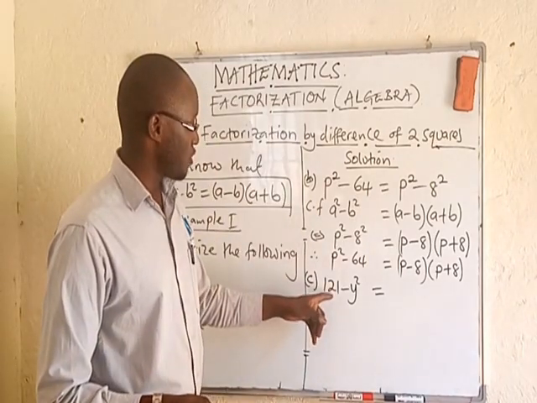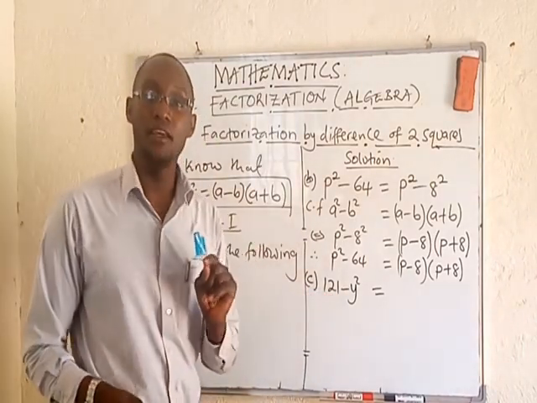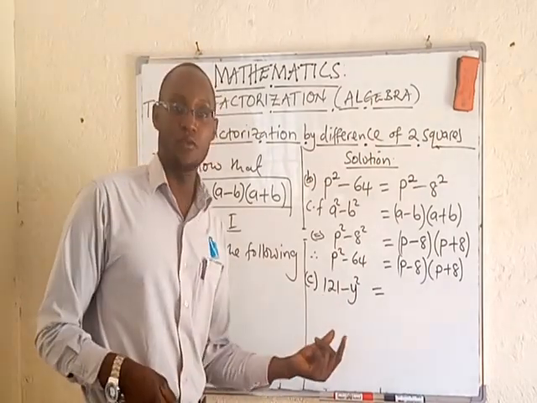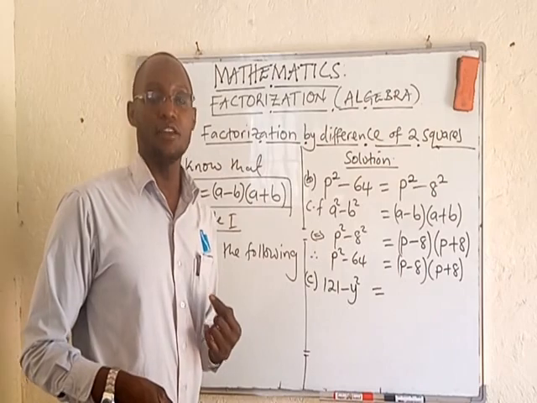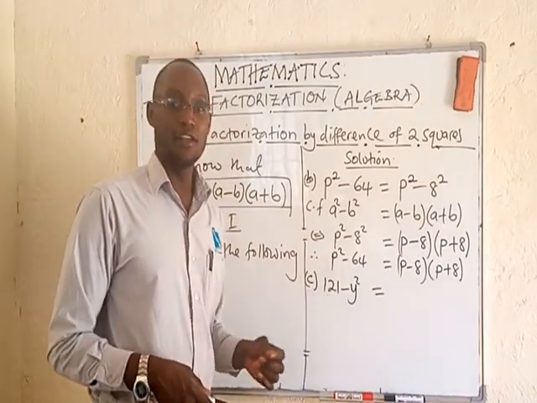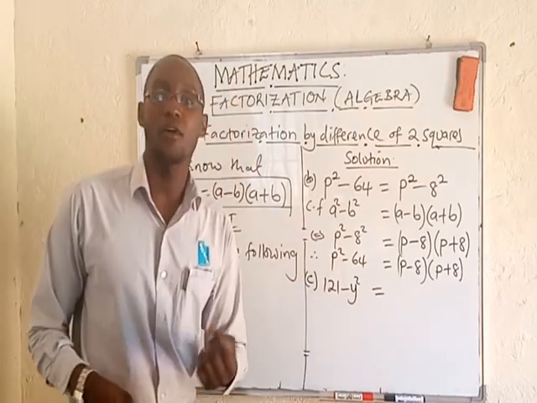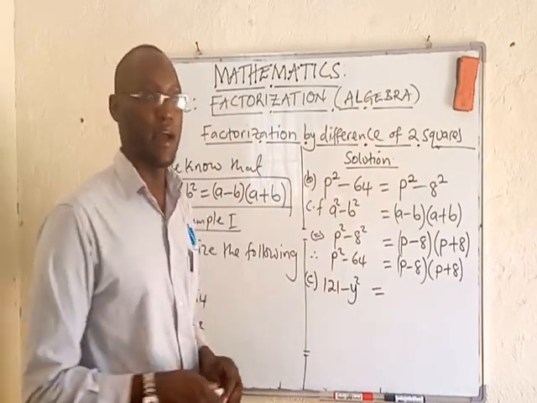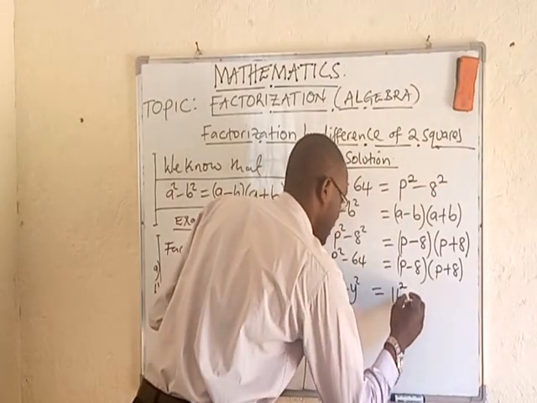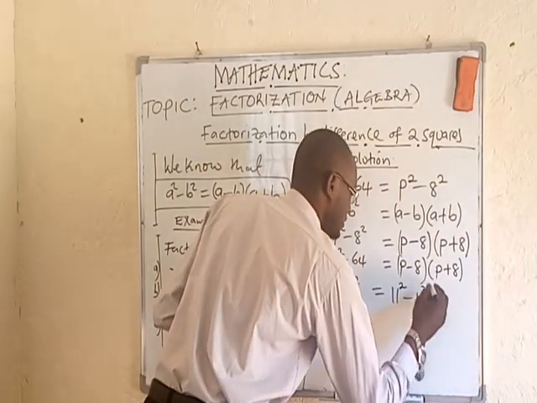So the square root of 121 is going to be 11. Good, because people know that the square root of 100 is 10. 10 squared is 100. 11 squared is 121. So instead of writing 121, we can write 11 squared. Wonderful. So this is the same as 11 squared minus y squared.